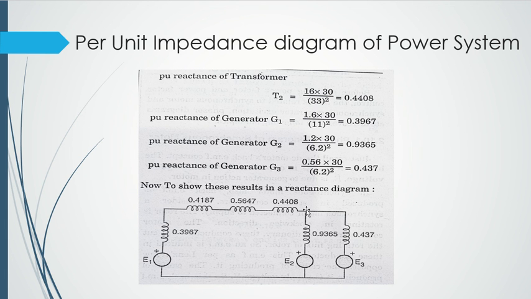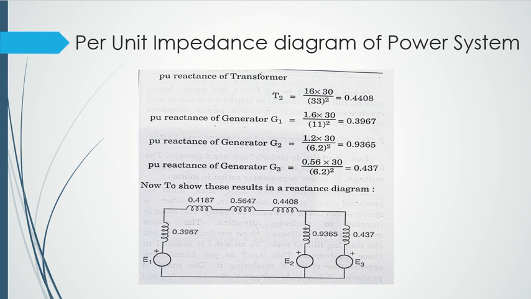So we take the square of 6.2 in the denominator, and as a result we get 0.4370. So the per unit reactance of generator G3 is 0.4370.